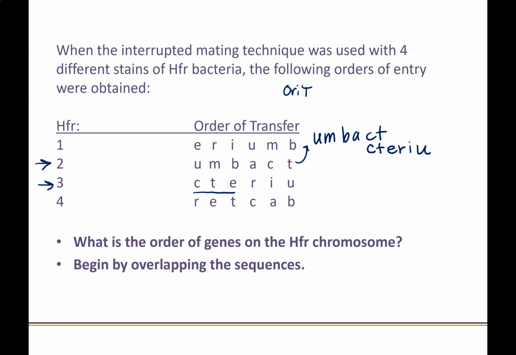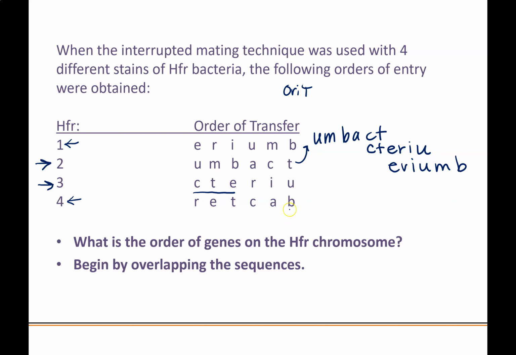If you look at these other strains, 1 and 4, you'll notice they are, oh, I'm sorry, actually 1 is not. Let's add in 1. So now we've got this overlap, UMBACTERIUMB. Strain 4, I got a little ahead of myself. Strain 4 is actually backwards. We've got the same sequence, but it's backwards. So this one has transferred the other way.